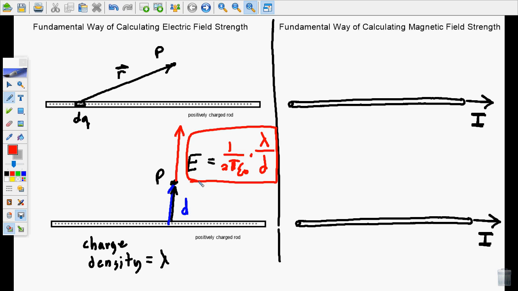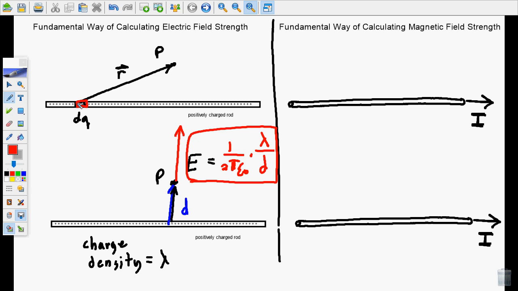But the starting point for this, we looked at the contribution of each dq. And this particular dq over here, it would have a small contribution at point P. And James, what did we call dq's contribution to the whole electric field strength? dE.